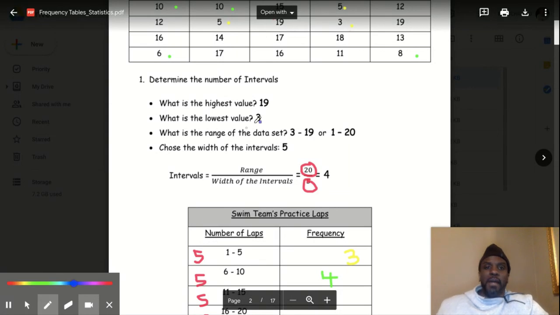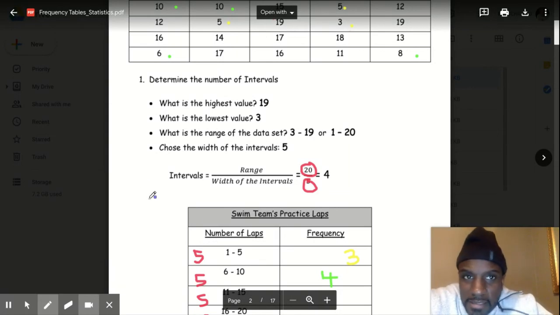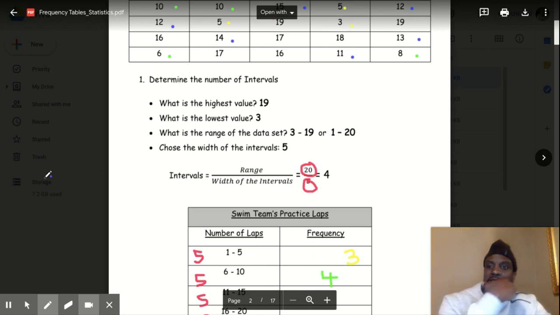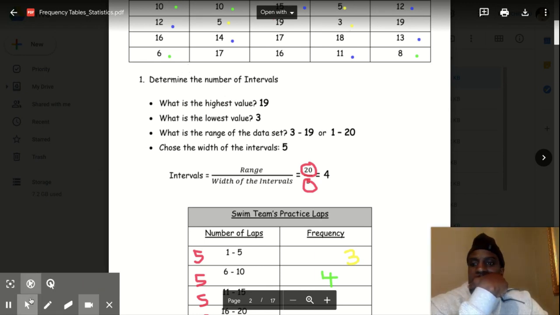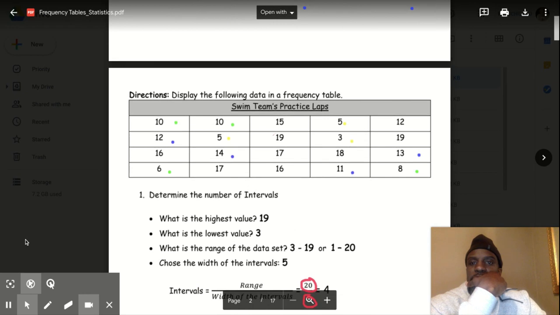Now, here we go. Looking at this, 11 to 15. 1, 2, 3, 4, 5, 6. So I get 6. I count, let me scroll down some. I count 6 people that did 11 through 15.